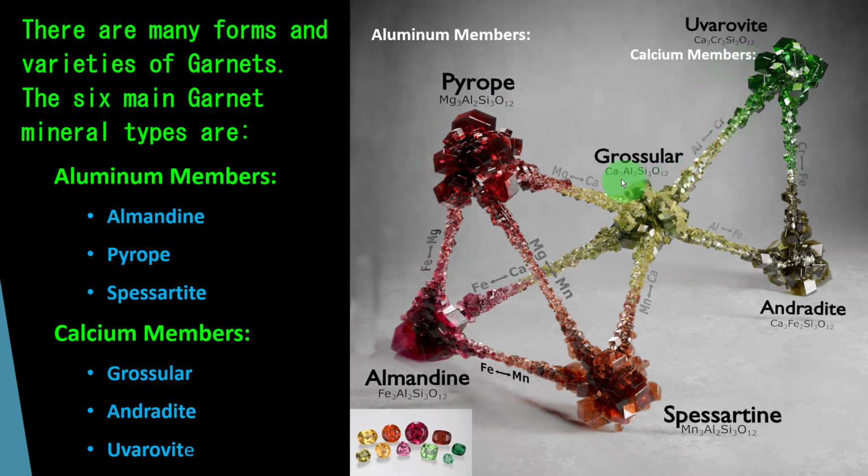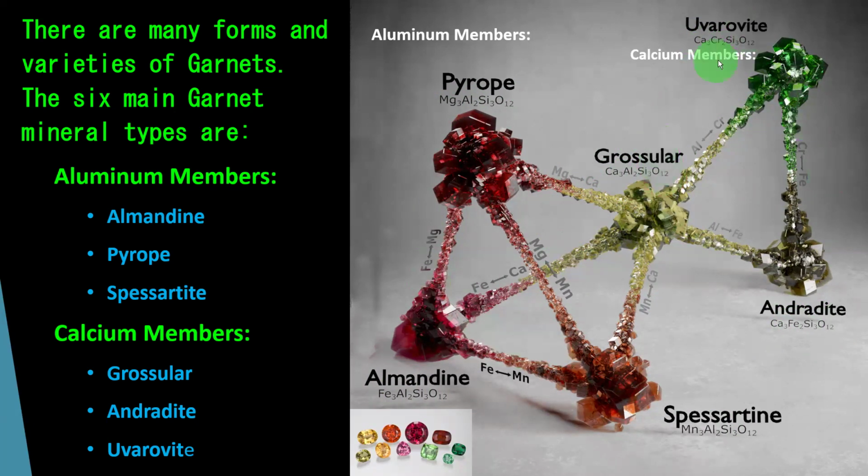And here, in this one, grossular is also an aluminium member, but the calcium is there also. Look at this, uvarovite, calcium also there. Common element here, andradite, calcium there. Uvarovite, calcium there. Calcium chromium silicate. Here, calcium iron silicate. Here, calcium aluminium silicate.